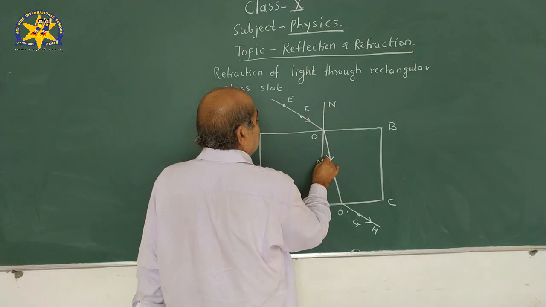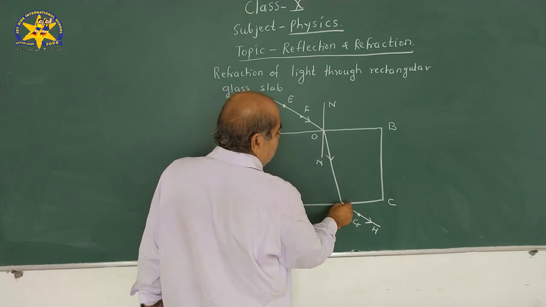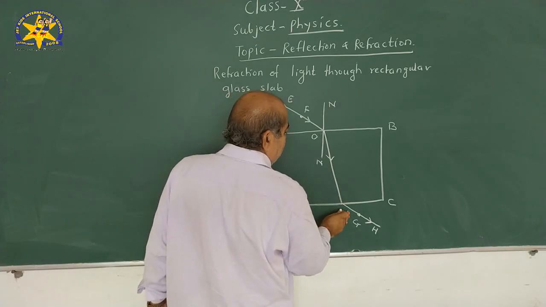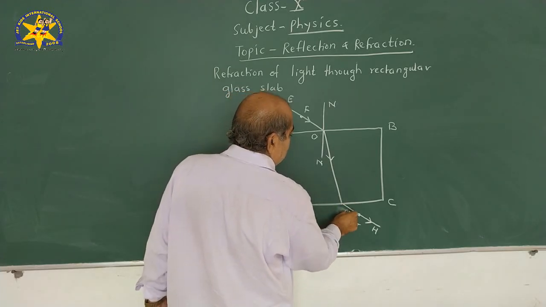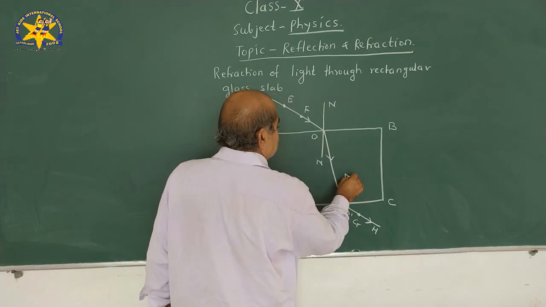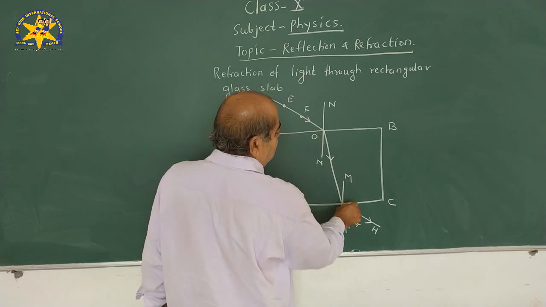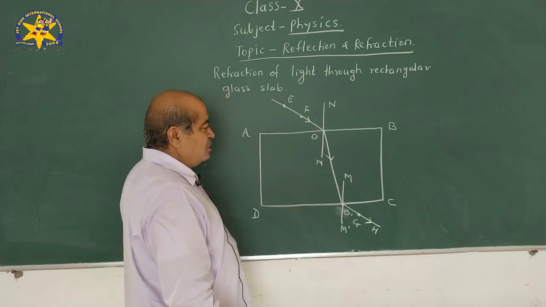NON is the normal to the side AB, and MO dash M dash is the normal to the side CD.